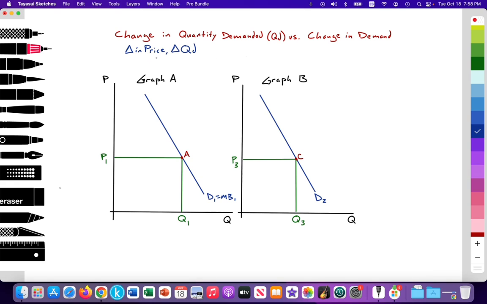And according to the law of demand, price and quantity move in opposite directions. So in graph A, we have our downward sloping demand curve equal to our marginal benefit. We're measuring quantity demanded on the x-axis and the price of that good on the y-axis.